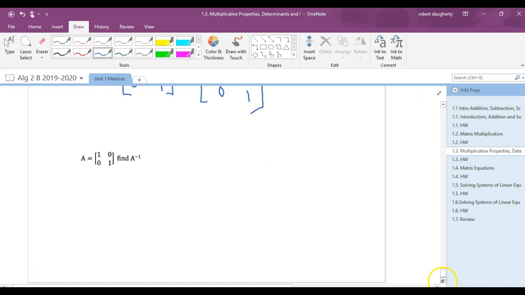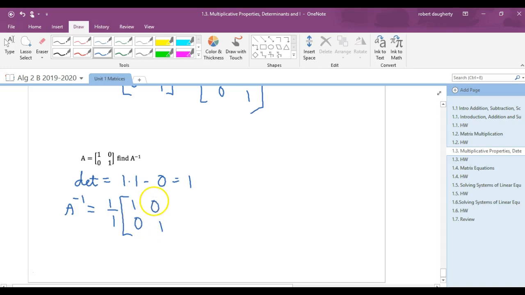And I think this is toward the end. Is this the last one? So what's the determinant of this one? It's 1 times 1 minus 0, which is 1. So the inverse is 1 over 1. And then what's the adjugate matrix here? What switches places? How can you tell? It doesn't matter. And then I do what?